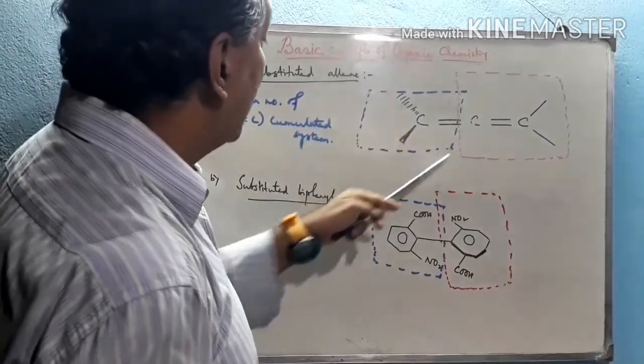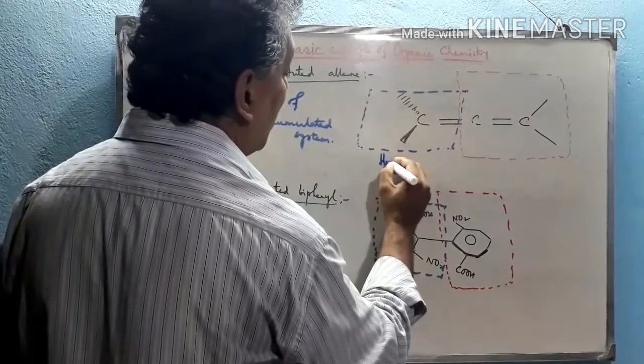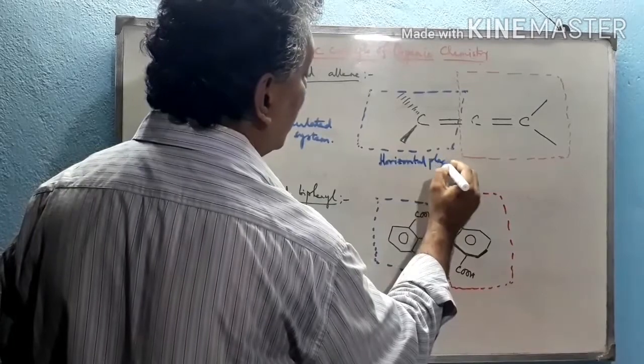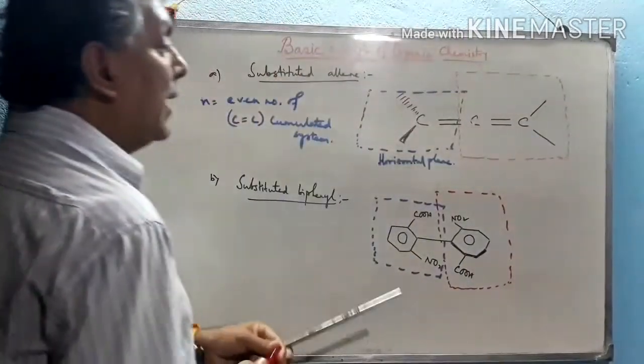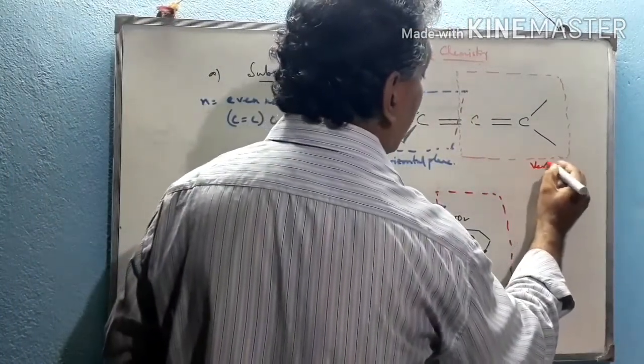The horizontal plane is drawn by the blue dotted line, and the vertical plane is drawn by the red dotted line. This is the vertical plane.